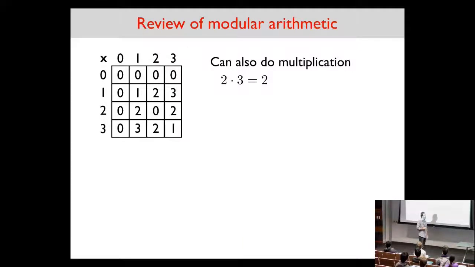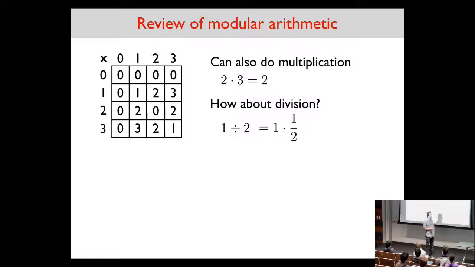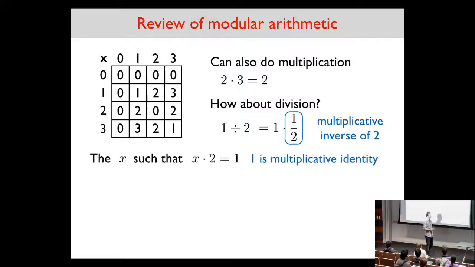Now you can say, okay, what about multiplication? Yeah, sure, we can do multiplication. We can create our table for multiplication. See, 2 times 3 equals 2, for example. But then you say, okay, now let's do division, 1 divided by 2. Well, what do you mean by 1 divided by 2? What I mean is 1 times 1 over 2, right? And here, this 1 over 2 is really the multiplicative inverse of 2, right?